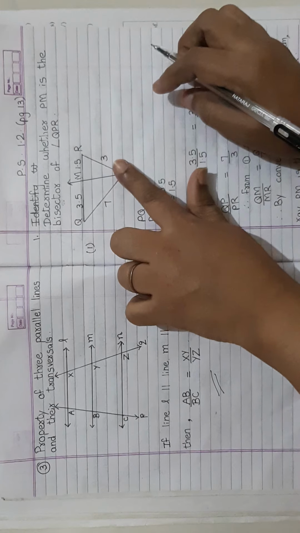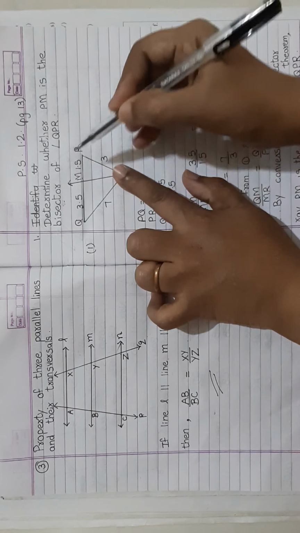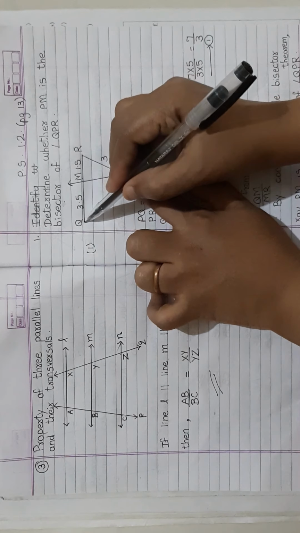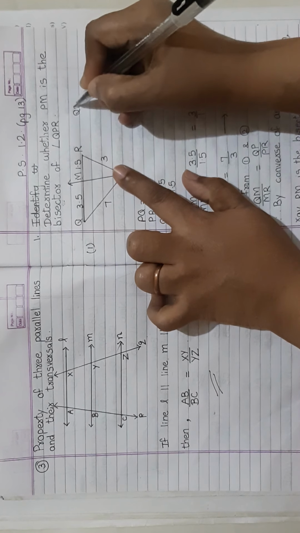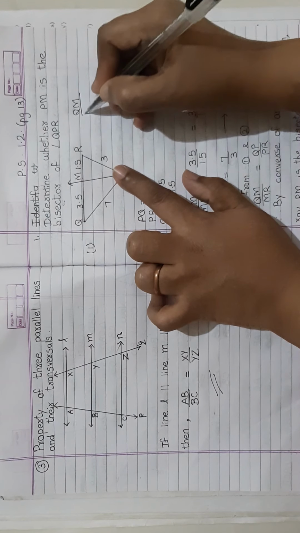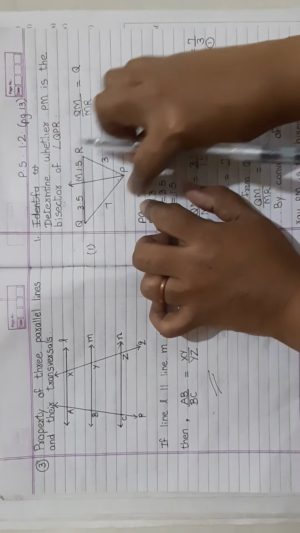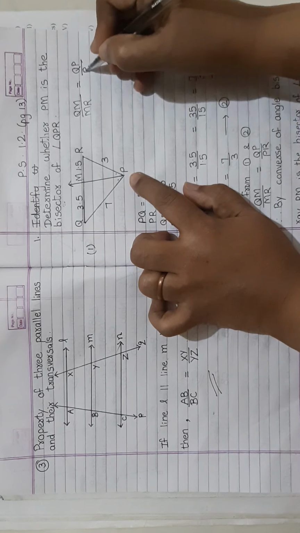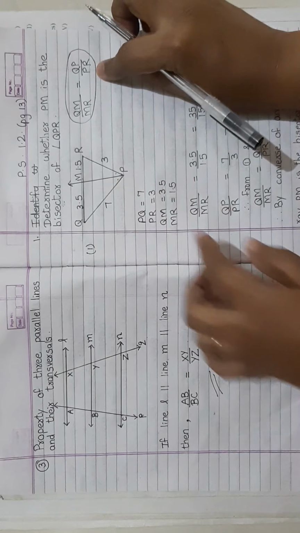We'll close this angle P, and you can start either from Q or from R. For example, if I start from Q, then the angle bisector theorem says QM upon MR is equal to QP upon PR. So we will try to find whether these ratios are equal.